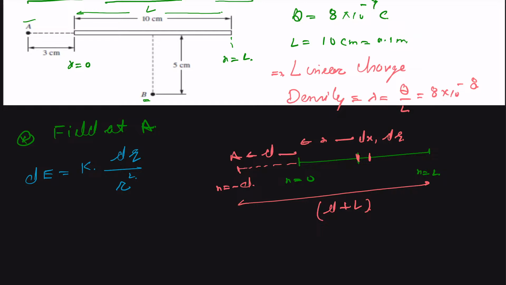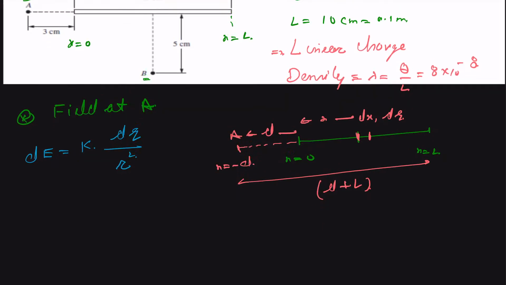We can also write that our small charge dq will be equal to the linear charge density multiplied by the length of this element.